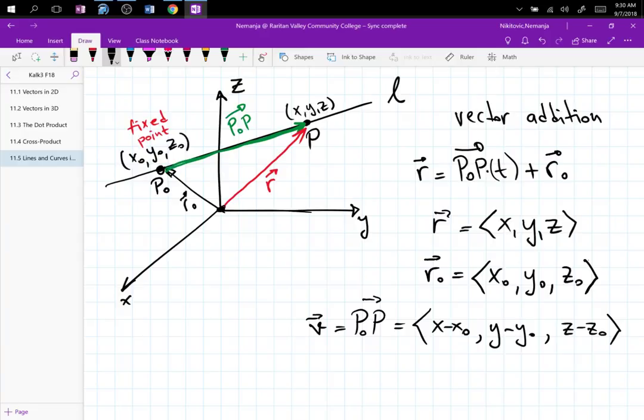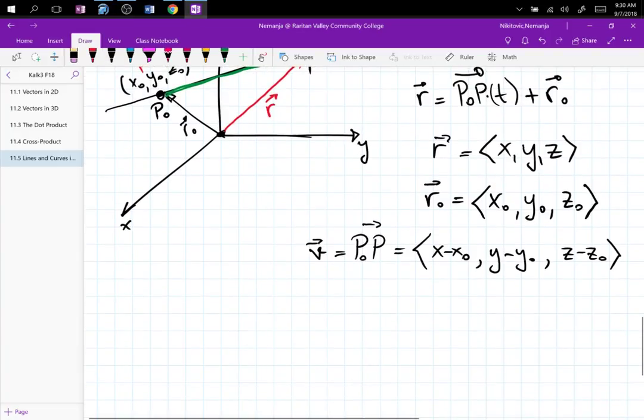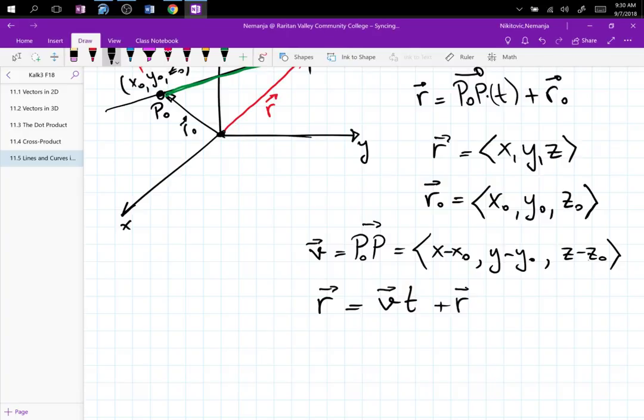It's a little bit tricky there, but we have this times t over here. So now this turns into an equation: r is equal to vt plus r0.